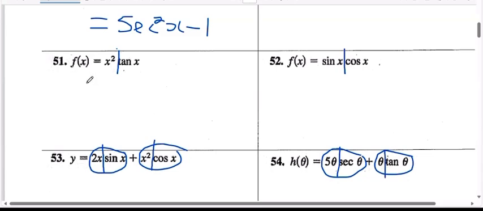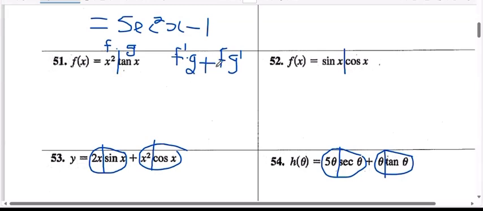Now if I work on this guy by the product rule, don't forget, if this is f and this is g, the product rule says: f prime, differentiating f and not differentiating g, plus f, not differentiating f, but differentiating g.